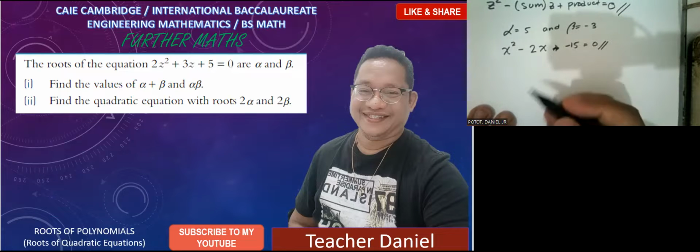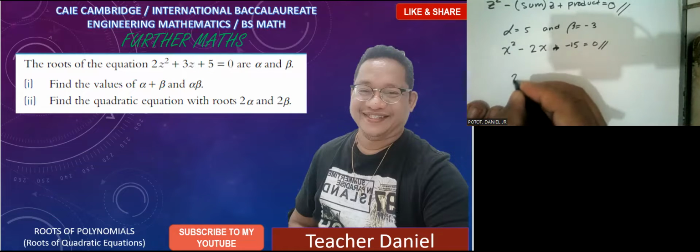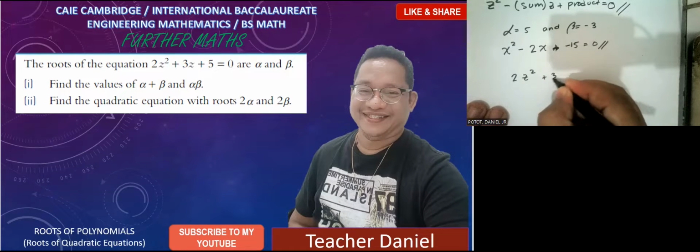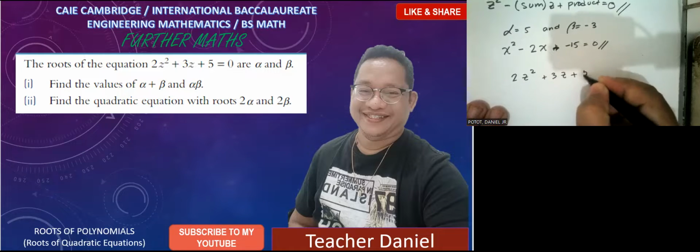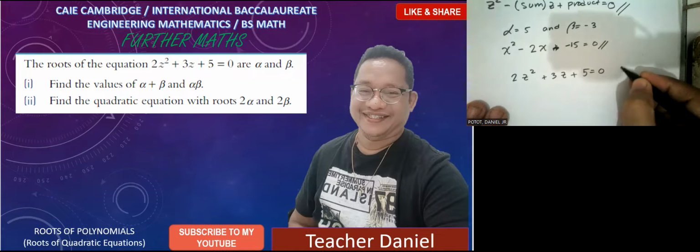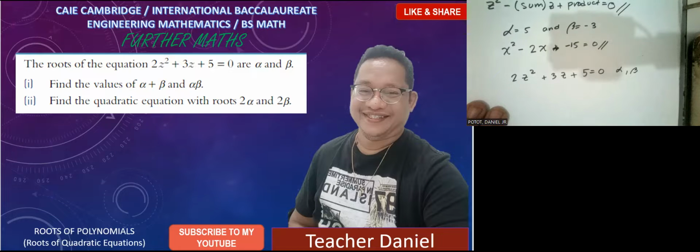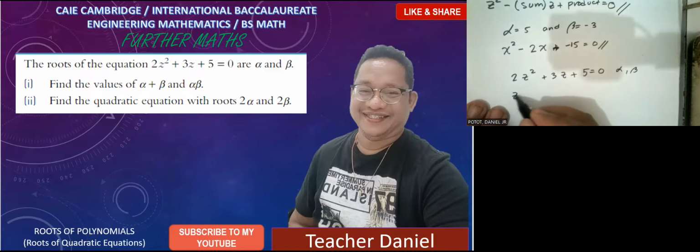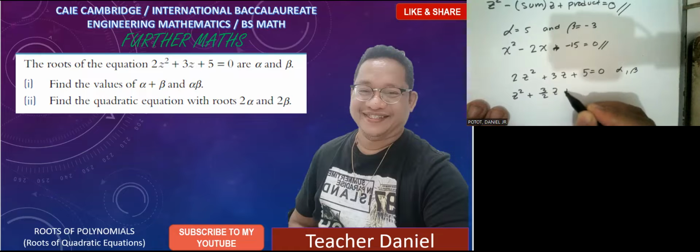In this one again, please don't panic. It looks difficult, but actually it's easy. In the question, alpha and beta are the roots. So let's rewrite this into the standard form: z squared plus 3 over 2 z plus 5 over 2 equals 0.